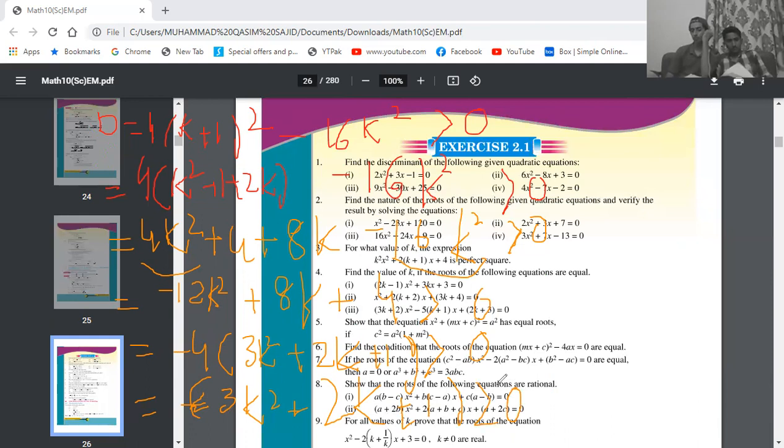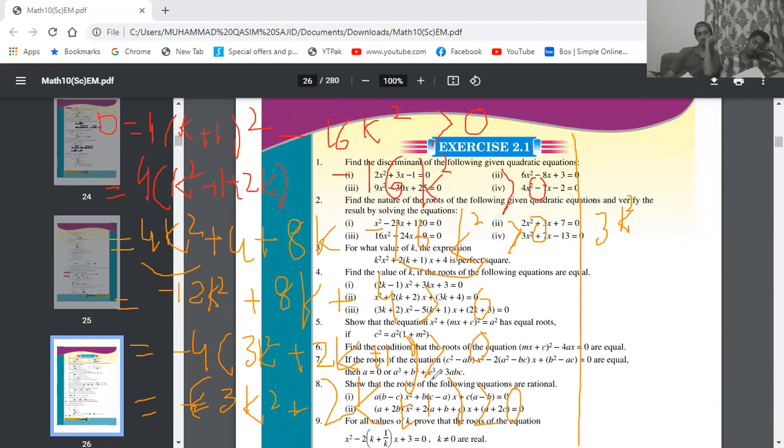Now for 3k square minus 2k minus 1, we find the roots either by middle term break or by using the quadratic formula. The middle term must be 2k and when we multiply them the product must be 3k square.